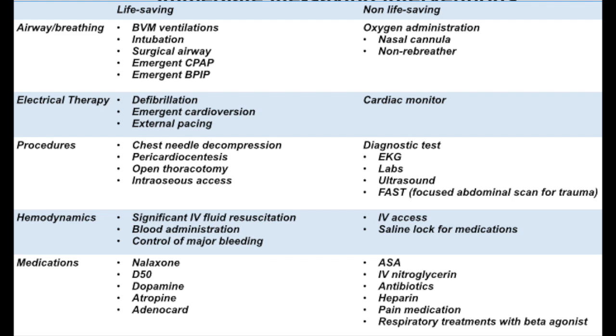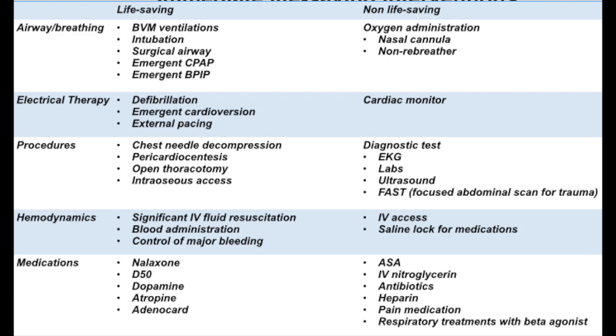This is something that perhaps could be considered a treatment or diagnostic. So this does not have any kind of life-saving capability. So a patient just being placed in a nasal cannula or in a non-rebreather, it is not life-saving.